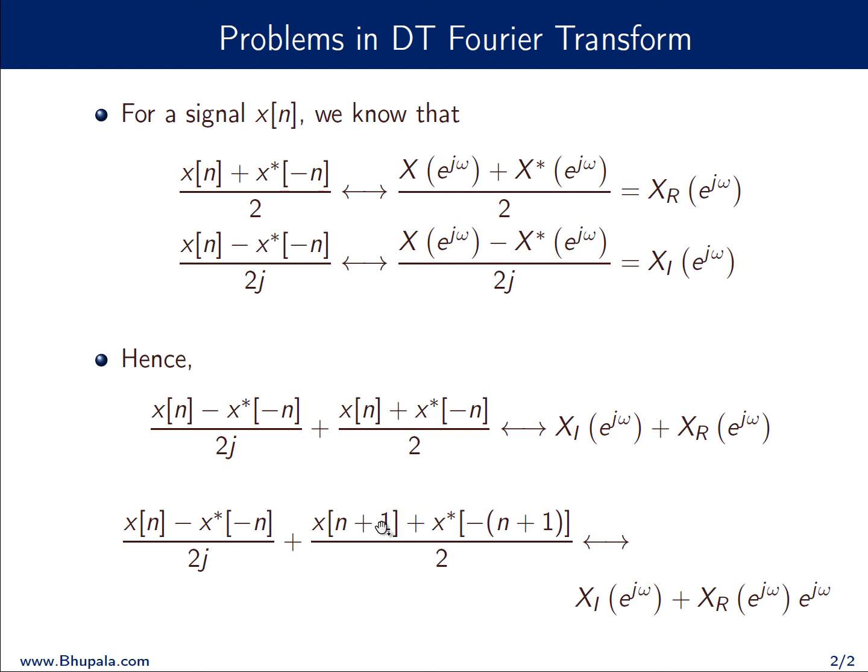So what it means is that we have to replace n with n plus 1 in the second term, and hence finally the signal which has XI of e power j omega plus XR of e power j omega into e power j omega as the Fourier transform is given by x of n minus x star of minus n by 2j plus x of n plus 1, which we obtained by substituting n with n plus 1, plus x star of minus of, now again n is replaced with n plus 1, by 2.